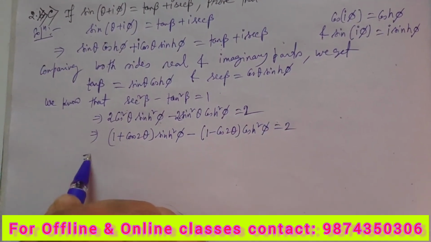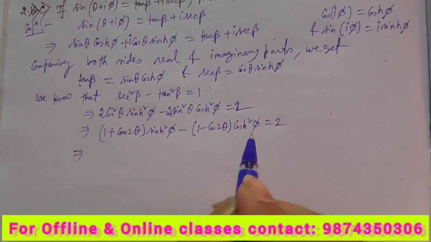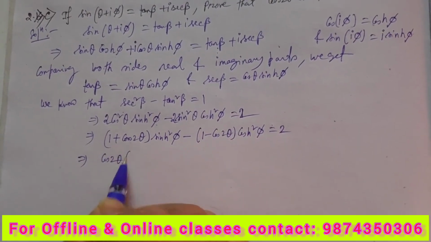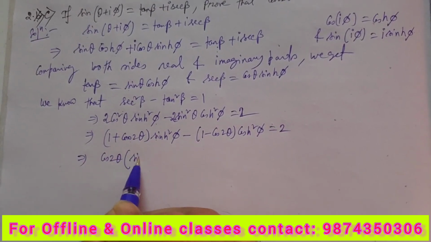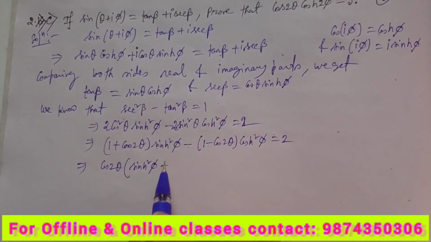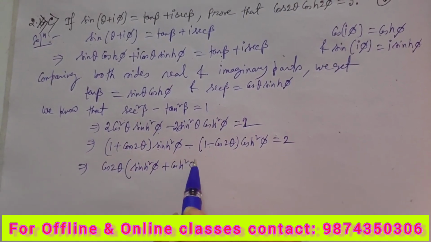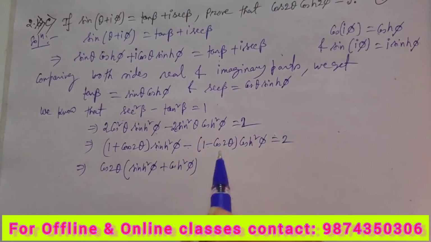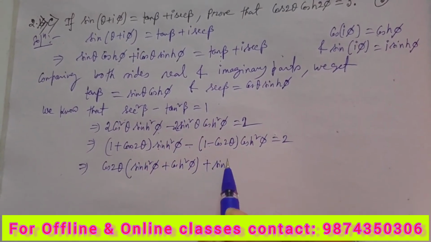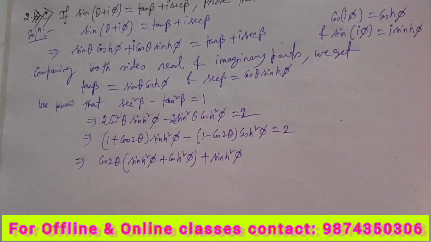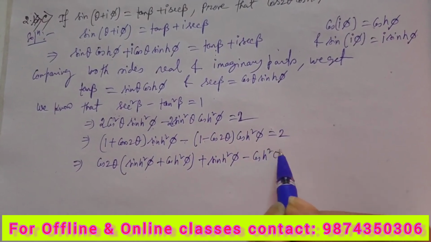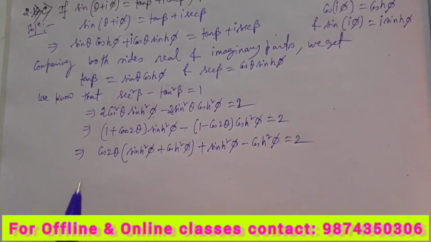So we take cos 2 theta common: cos 2 theta into sinh square phi plus cosh square phi, and the remaining term sinh square phi minus cosh square phi, is equal to 2.